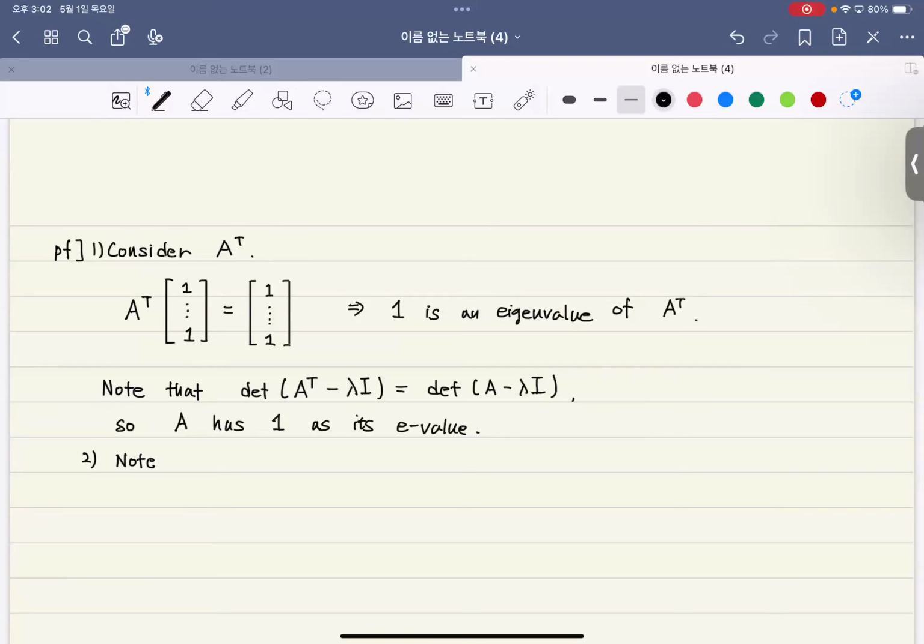Why? If A and B are Markov, then AB is Markov.